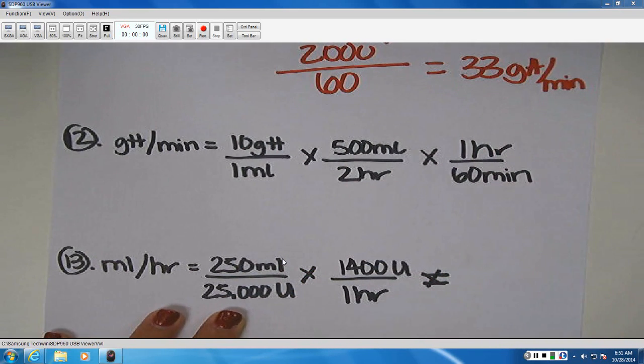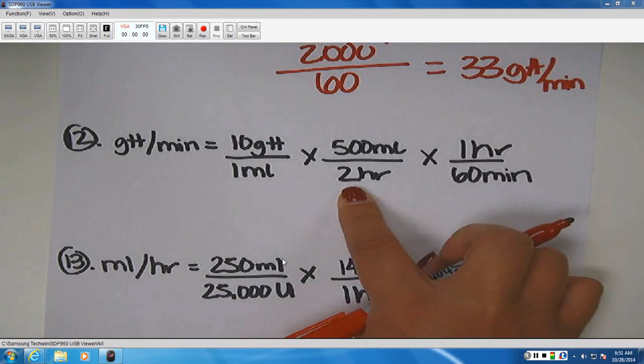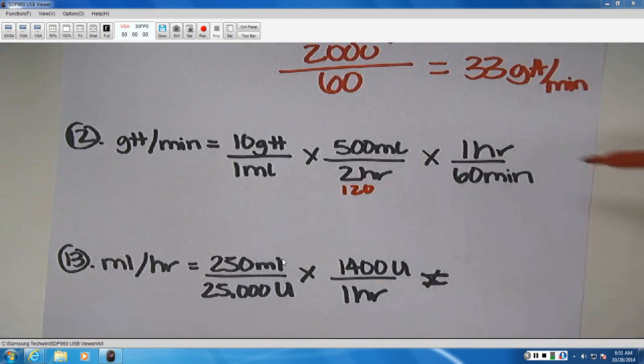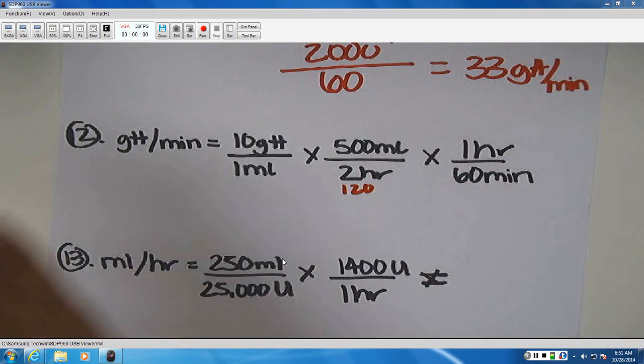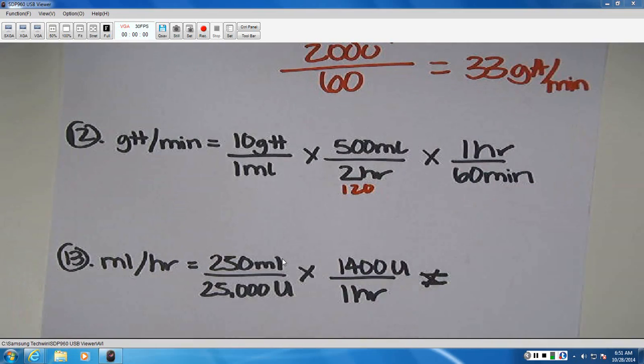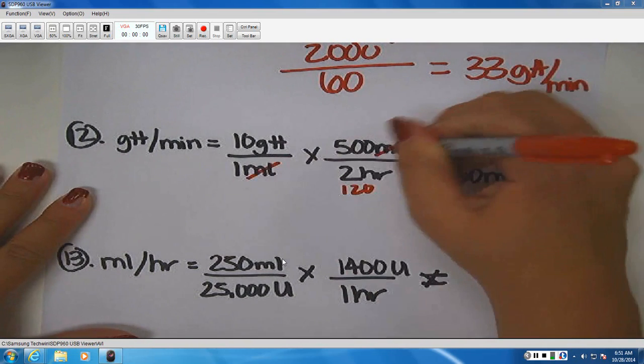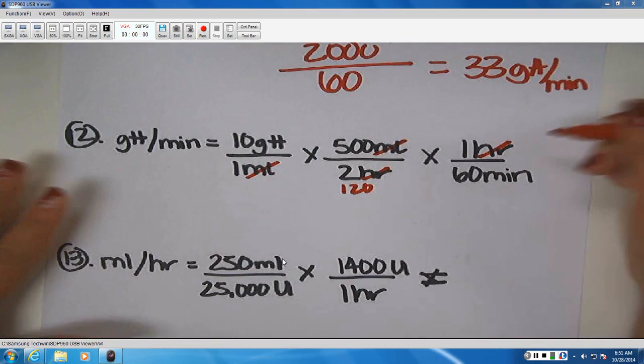Again, I don't necessarily have to do that one. I know that there's 120 minutes in 2 hours, so I could have just put 120 here too and not worried about this third equation. But again, this is how the book shows you, setting up a whole other equation. And it does this so you can cancel out your labels.